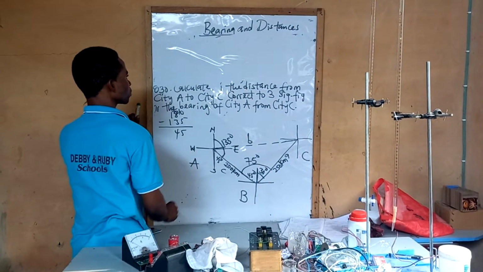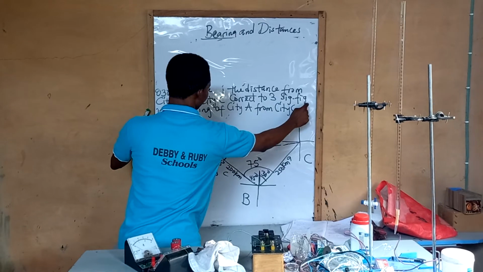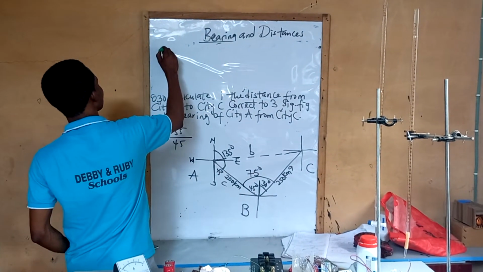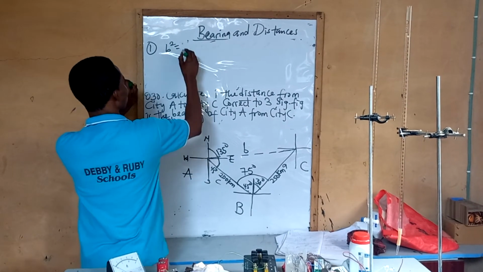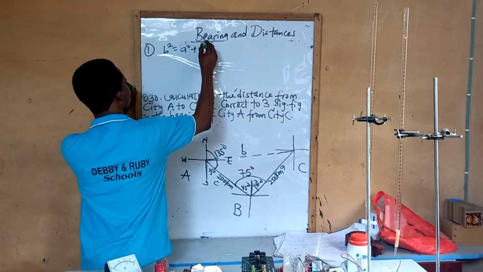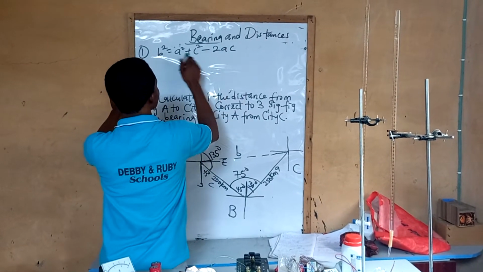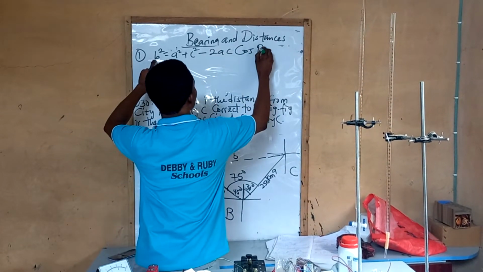Now they said the distance from city A to city C, correct to 3 significant figures. What is my cosine rule? I'm looking for B, small letter B, that is my figure 1. That's b squared equals to what? a squared plus c squared minus 2ac cos, the letter is the angle.